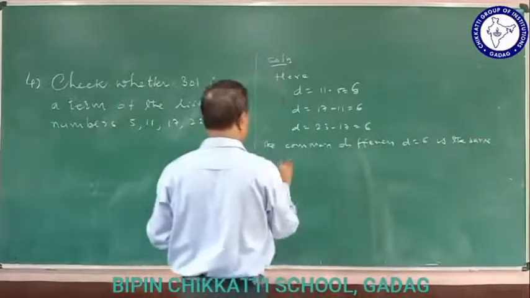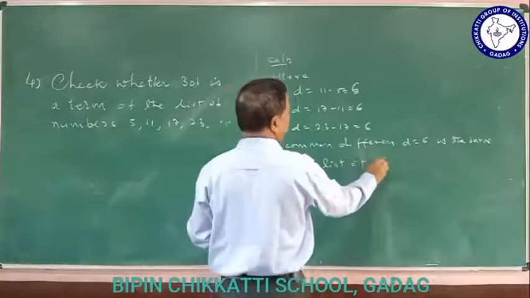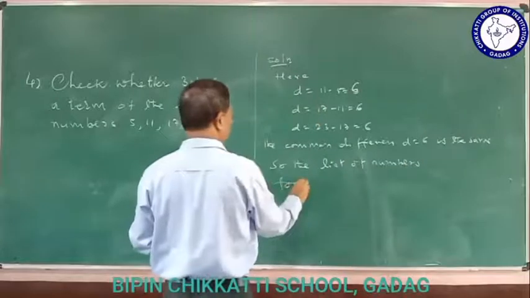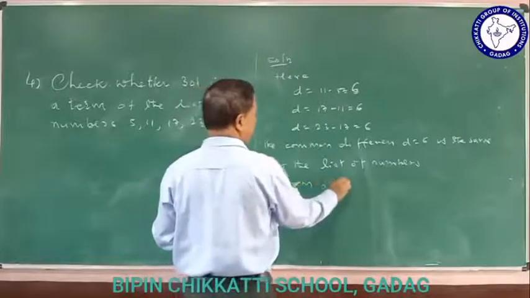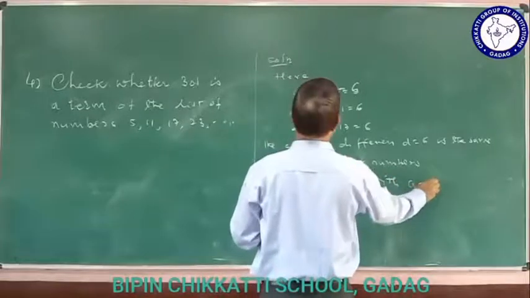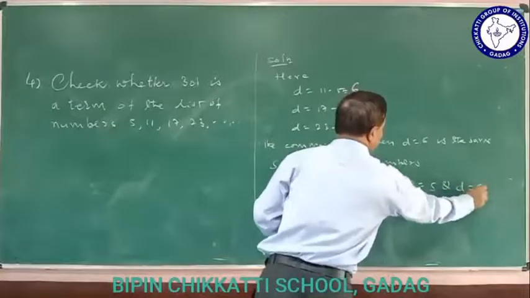So the list of numbers forms an AP with A equal to 5 and D equal to 6.